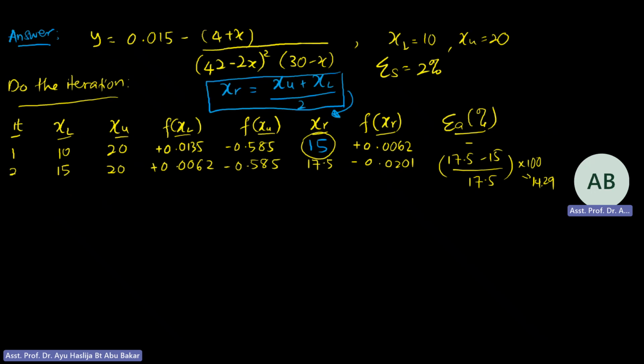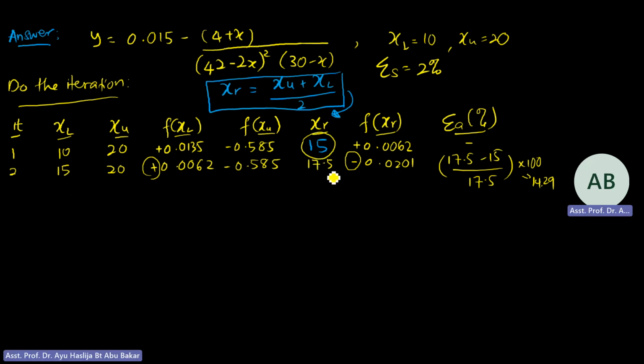Okay, now check whether the XR should be the new XL or XU. When FXL multiplied by FXR, positive or negative? It will be negative, correct? So negative, the XR will be XU.